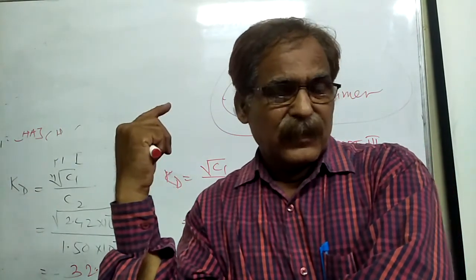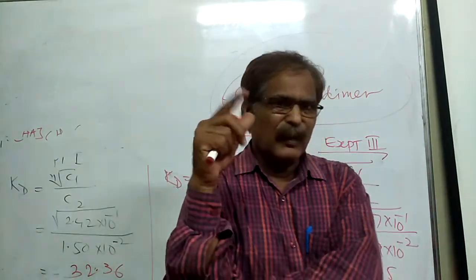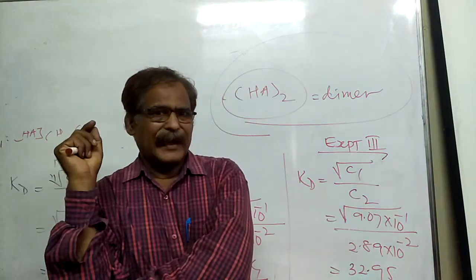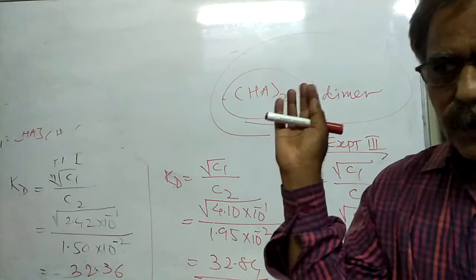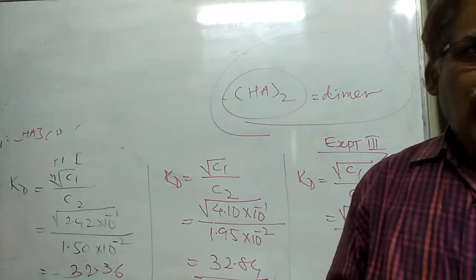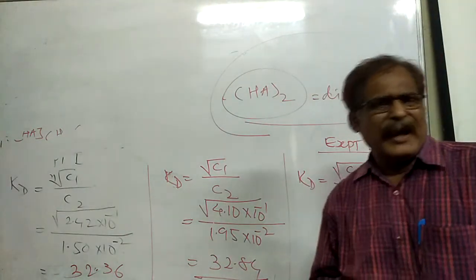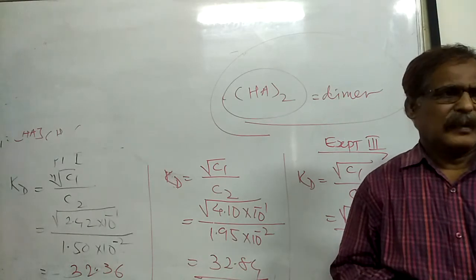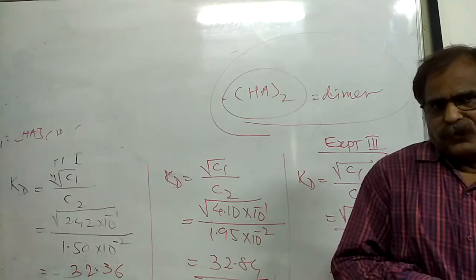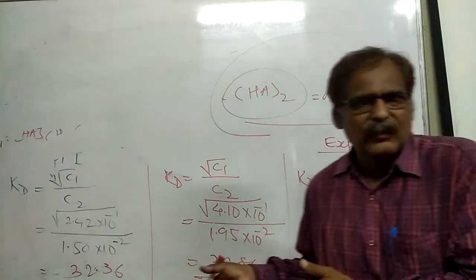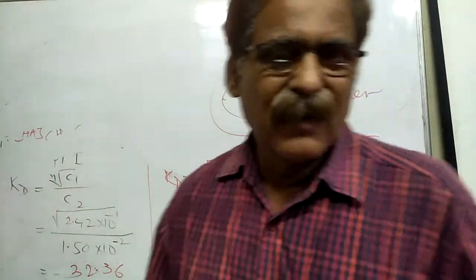We have seen that when we apply normal Nernst distribution law, that is Kd is equal to C1 upon C2, the numerical values are not consistent, and vary from first value to third value.